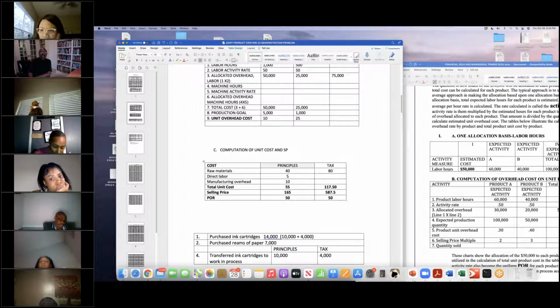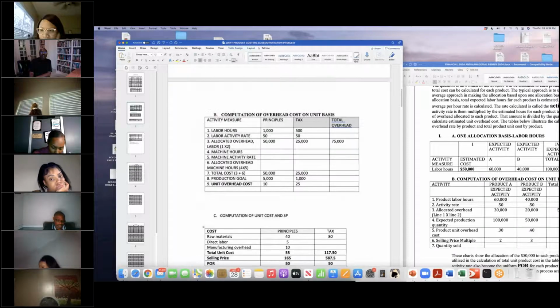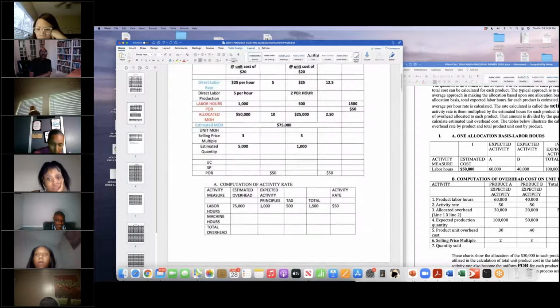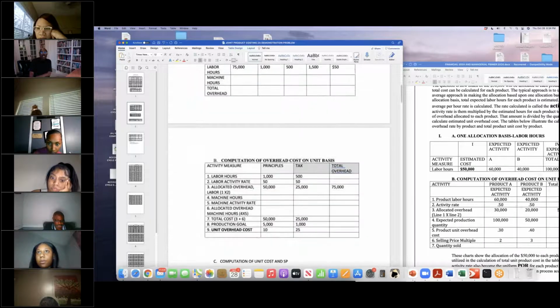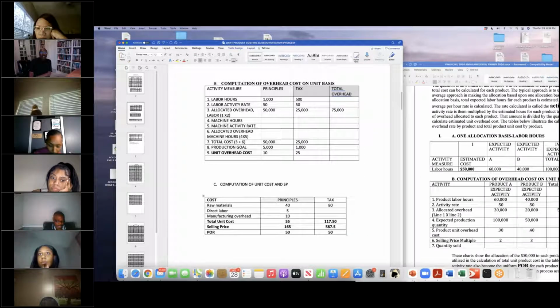The tax book is much bigger, so it takes more raw materials. Labor rate was 25. They could make 2 per hour, so that made the labor $12.50. We were paying them $25, and they could make 2 per hour.